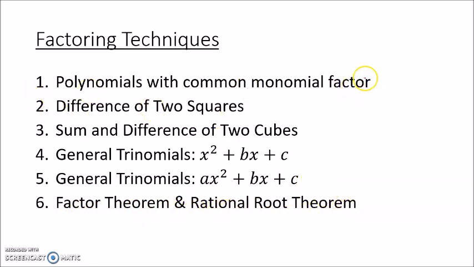So itong limang ito, these have been discussed during grade 8. Itong last, ito yung sa grade 10. Alright? So, itong mga factoring techniques na ito, yung 1 to 5, magagamit yan for degrees less than 3.